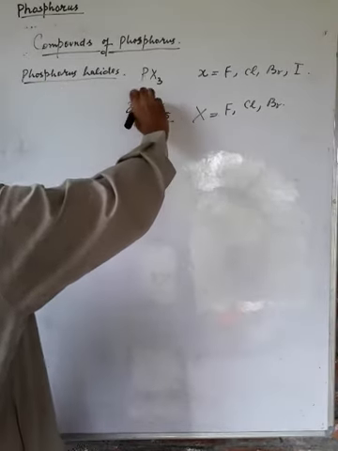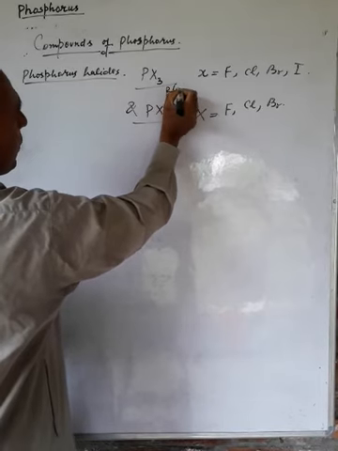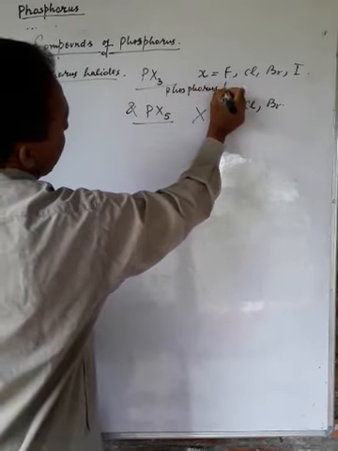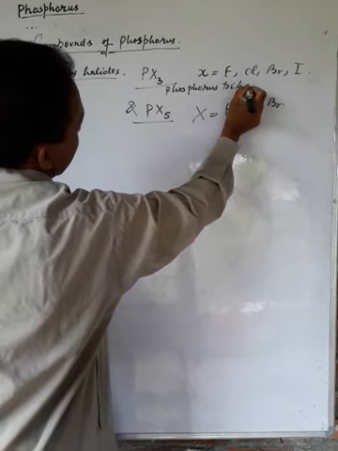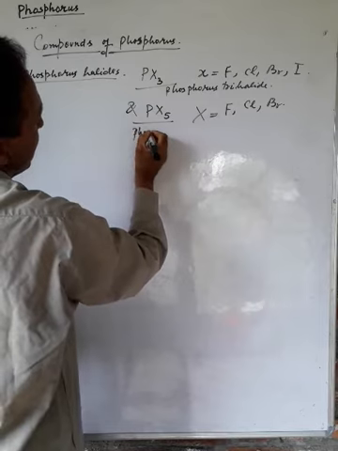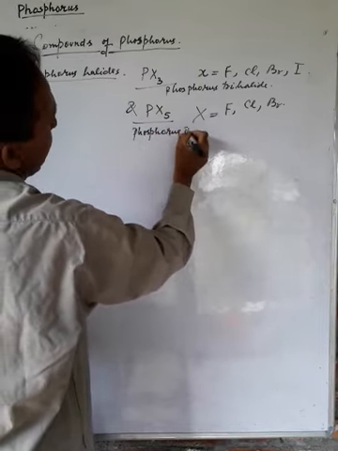Now, this PX3 is phosphorus trihalide and this PX5 is phosphorus pentahalide.